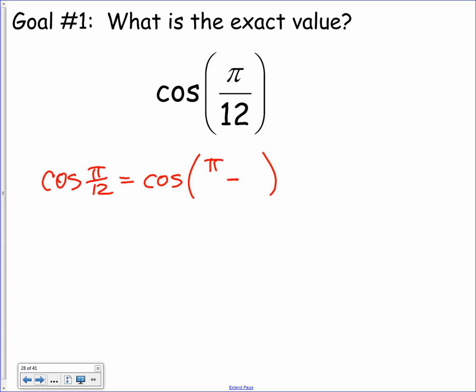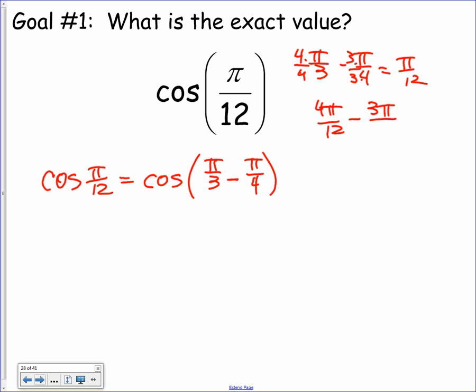It just so happens that pi over 3 minus pi over 4 equals pi over 12. If I multiply top and bottom here by 4 and top and bottom here by 3, so I have like denominators, I get 4 pi over 12 minus 3 pi over 12. Yes, that's pi over 12.